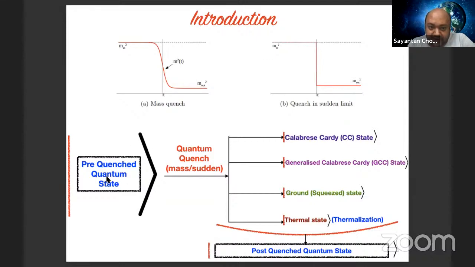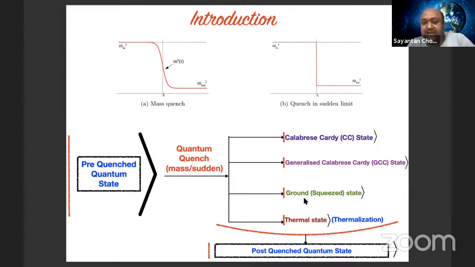The basic idea is, if you have a pre-quench state, once you apply either this slowly varying change or this sharp change, you can generate classes of quantum states which are responsible for thermalization. These classes are called Calabrese-Cardy states, generalized Calabrese-Cardy states, and so on.